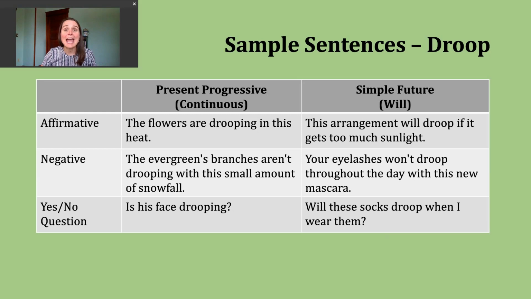Let's take a look at an example of an affirmative present progressive sentence. My example is, the flowers are drooping in this heat, right? So like I explained earlier, right? We think many times up and down, right? Nice, tall, and straight. And now it's starting to bend or hang downward, okay?